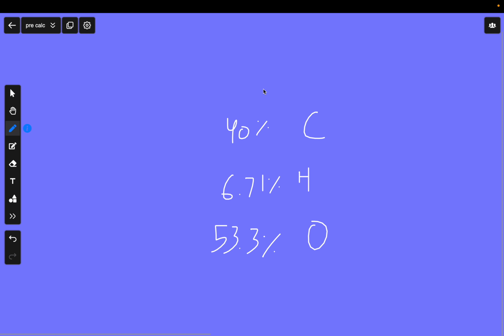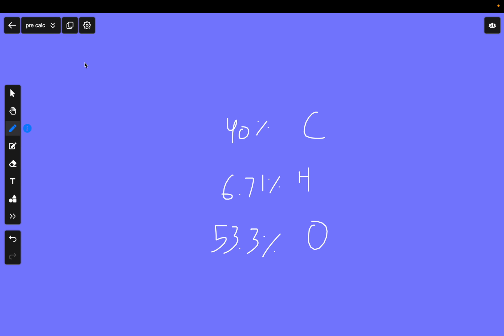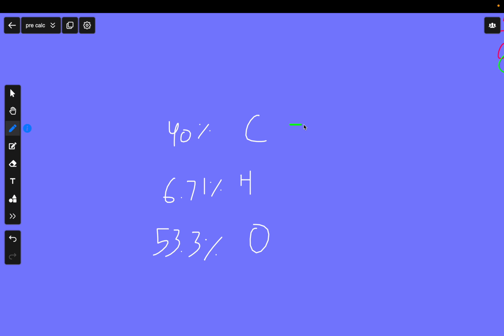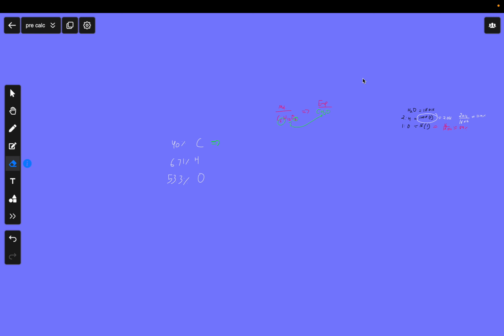When you think about this, you always convert these percentages to grams. Any number you get here, you'll convert to grams. And the reason you can do that is, say I have 100 grams of something. If 40% of that is carbon, that means 40 grams of that is carbon. Let me erase all this stuff so it doesn't get in the way.